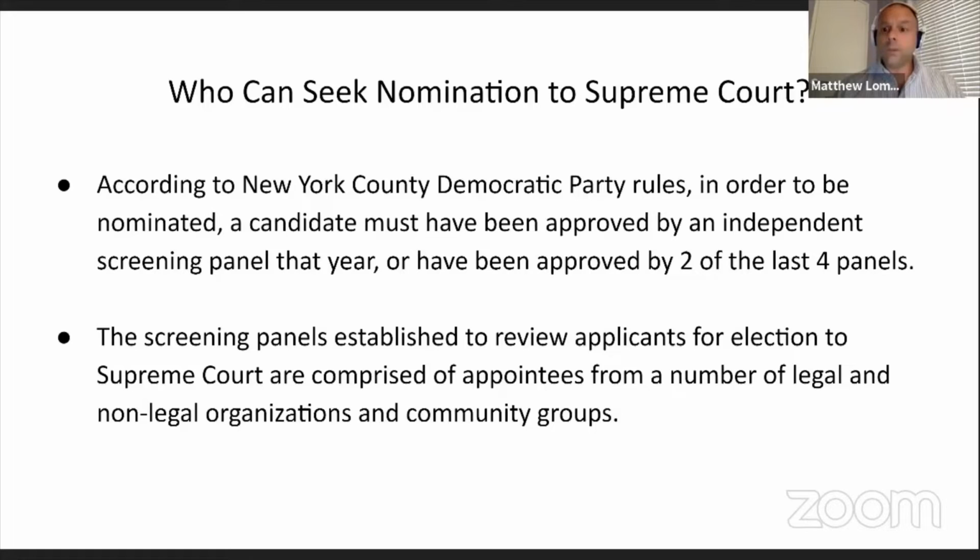And what do we look for when it comes to candidates? Well, one, there's a big packet that is sent out by the panel administrator to each candidate, seeking background information on them, their work history, where they've practiced, what do they practice, are they a sitting judge now, what cases have they worked on, how many trials have they done, in what courts have they worked in the city.